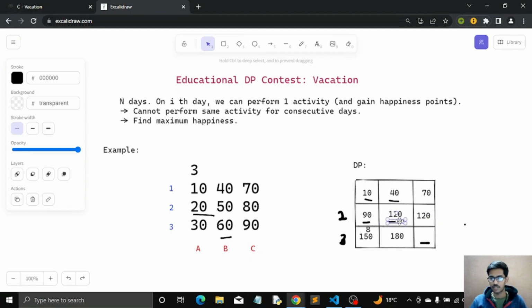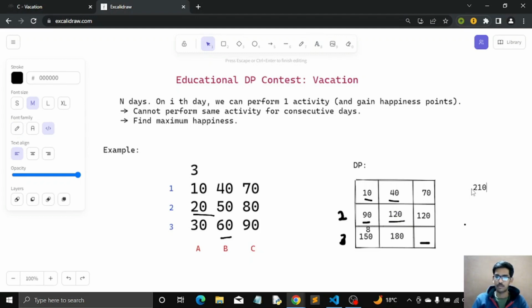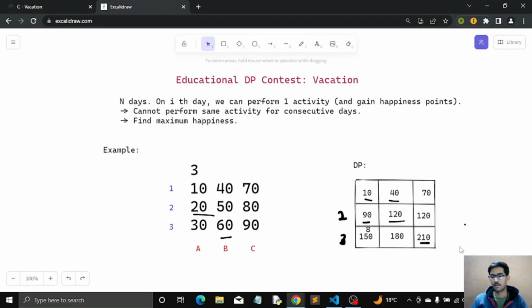The remaining 2 activities are activity A and B. So maximum of 90 and 120 is 120. So we are going to add 120 plus 90. It gives us 210. And we are going to write this in this cell.